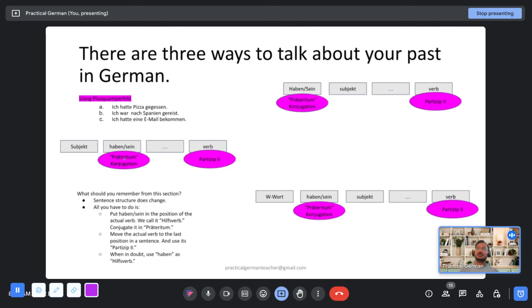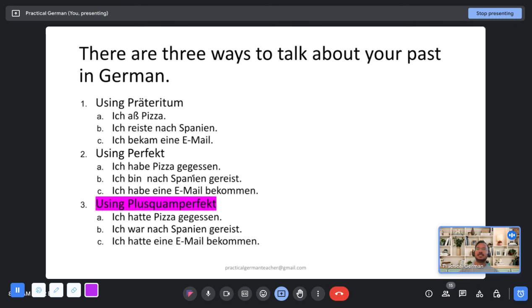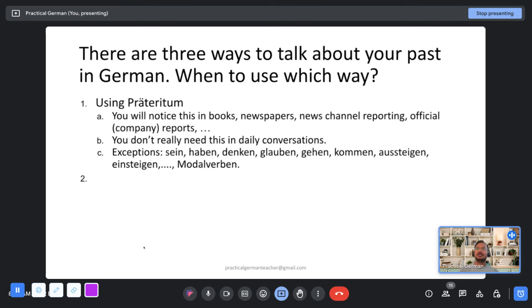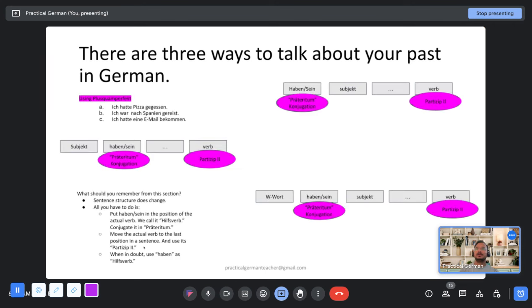That's all. So if you notice, if I go back, here ich habe Pizza gegessen. In Plusquamperfekt, it was ich hatte Pizza gegessen. Ich bin became ich war. Ich habe became ich hatte. That's all the difference it makes when you move from Perfekt to Plusquamperfekt.